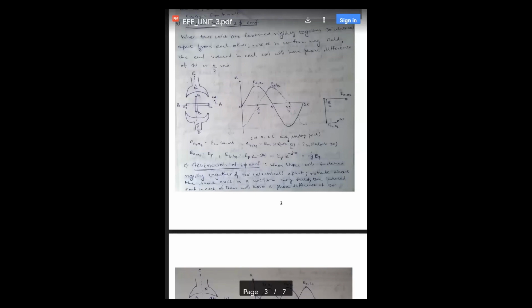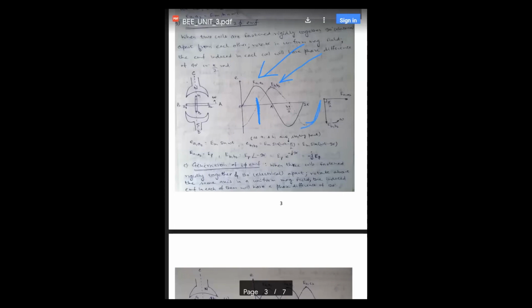Okay, so if the magnitudes of this EMF are the same, then there is no problem. But if the magnitudes or the maxima are different, it becomes like this. Okay, so the second phasor or second conductor is moving after 90 degrees, so it will end up also after 90 degrees.